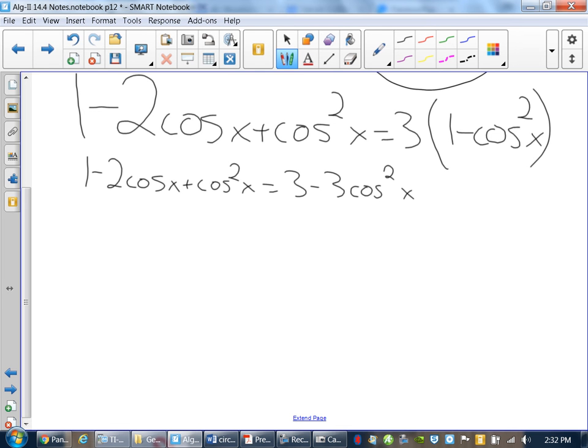Pick on the little guy again and move everything to one side and set it equal to 0. So I'm going to subtract 3 and add 3 cosine squared. So subtract 3, I'm going to get negative 2 minus 2 cosine x plus 4 cosine squared x is 0.